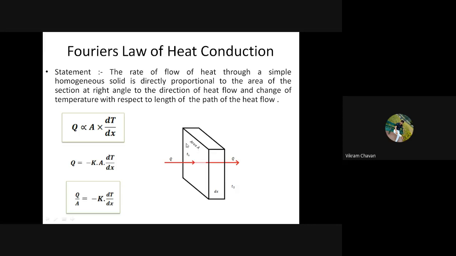Now, it is directly proportional to the area of the section at a right angle to the direction of heat flow. What is the direction of heat flow? This is the direction of heat flow, because heat always transfers from the high temperature region to the low temperature region.